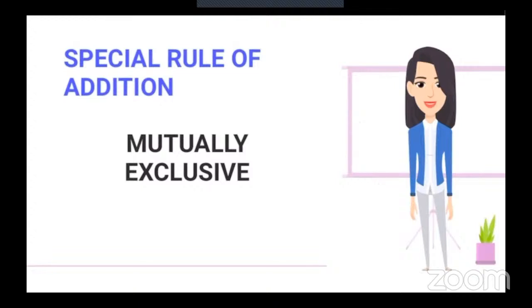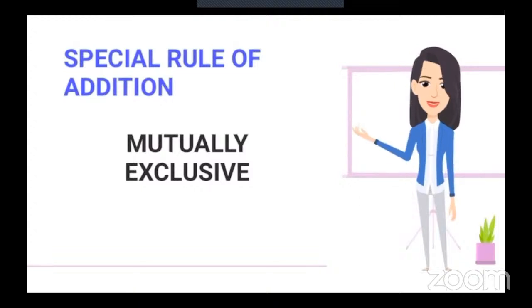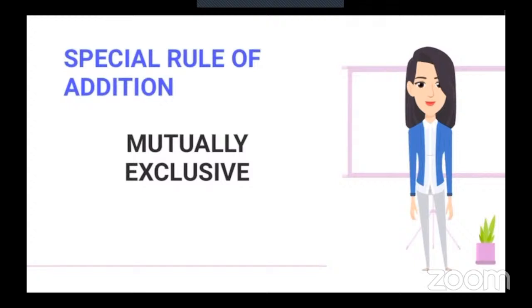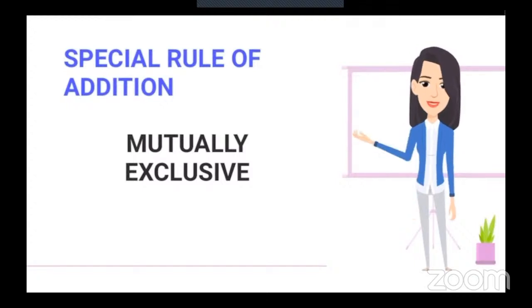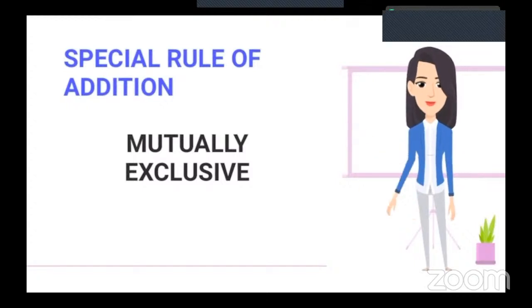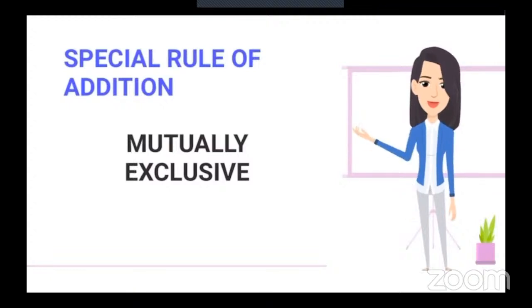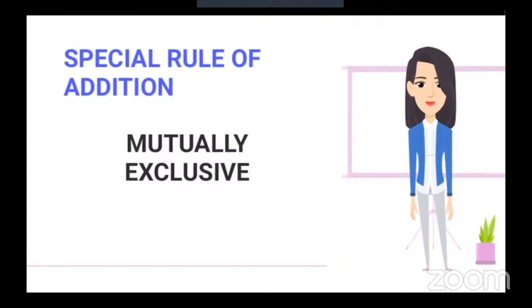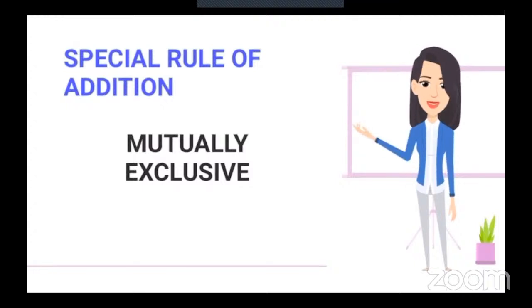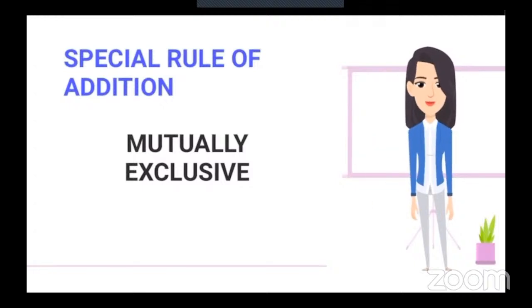Recall that mutually exclusive means that when one event occurs, none of the other events can occur at the same time. If two events A and B are mutually exclusive, the special rule of addition states that the probability of one or the other events occurring equals the sum of their probabilities.